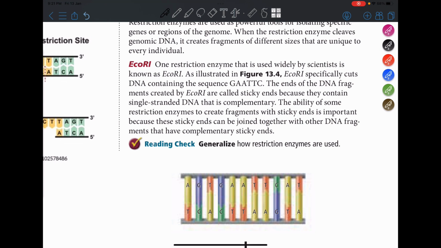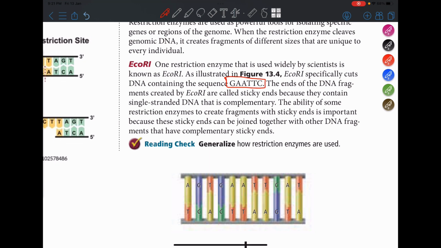Scientists use ECO because it specifically cuts DNA containing the sequence GAATTC. And yes, you've got to memorize it. So what does ECO specifically cut? It cuts GAATTC. You have to memorize it, okay? All right.